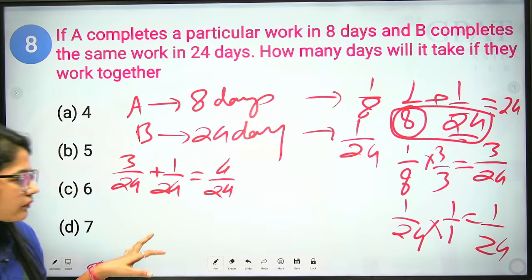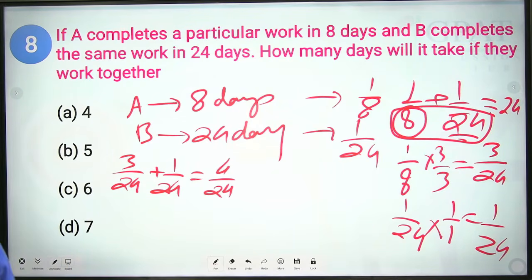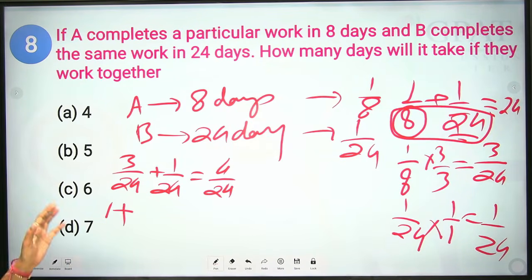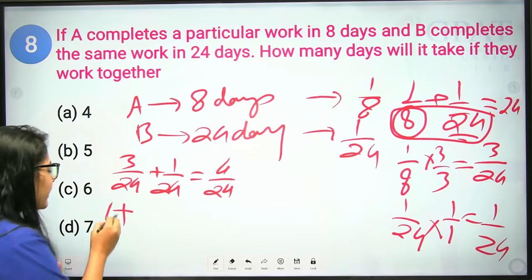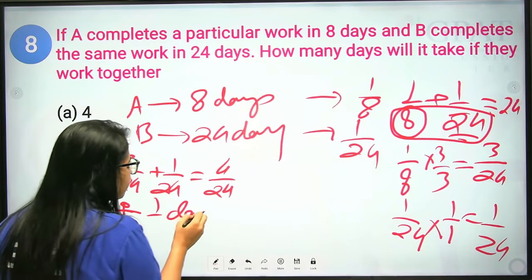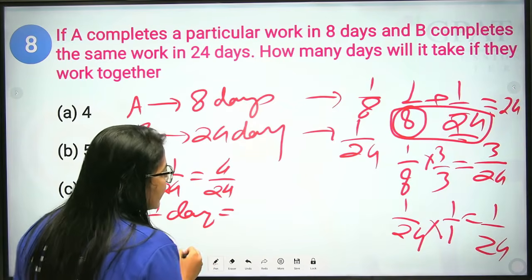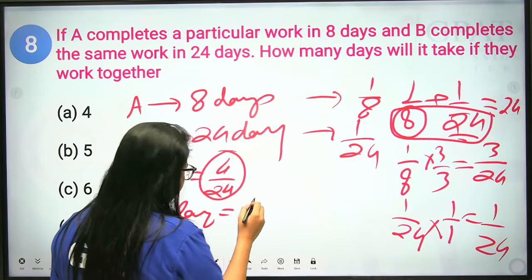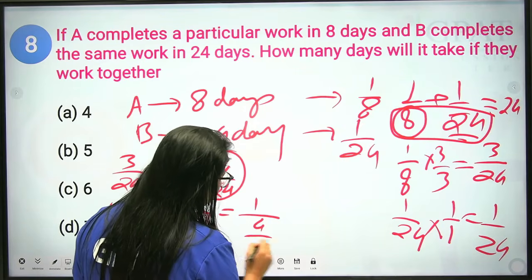Now what we need to find is the total days. How will we find total days? It is 1 divided by their work in 1 day. Clear? So 1 divided by 4 by 24.